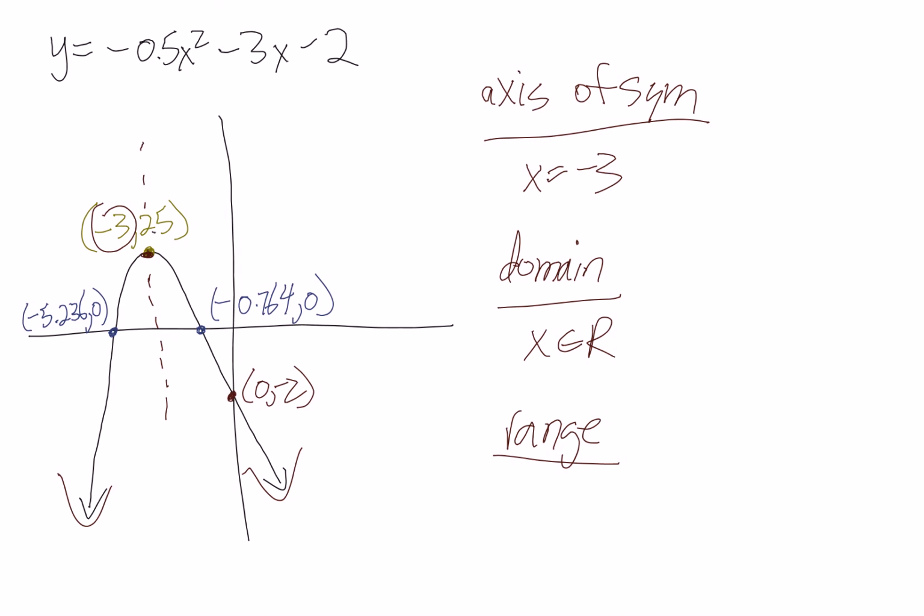So our range will be that second coordinate, but because the graph is upside down, it's going to be less than or equal to 2.5. And that's it for the different features of the graph: x-intercepts, y-intercepts, vertex, domain and range.